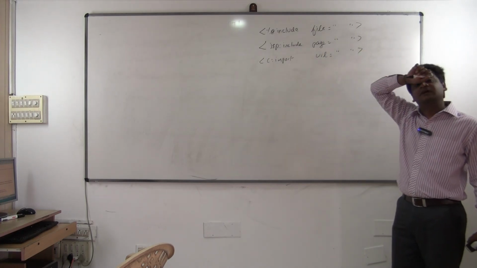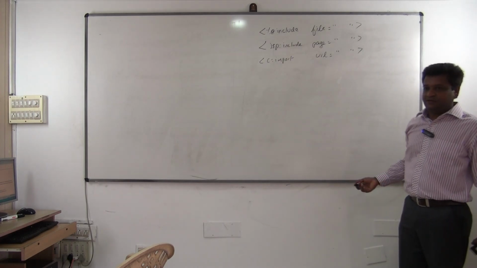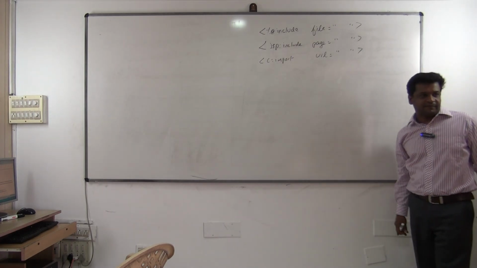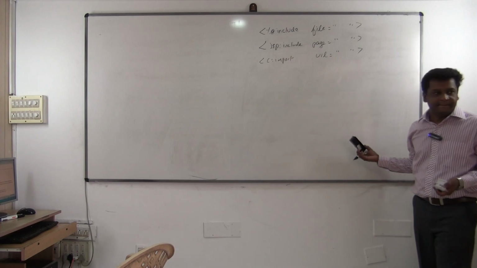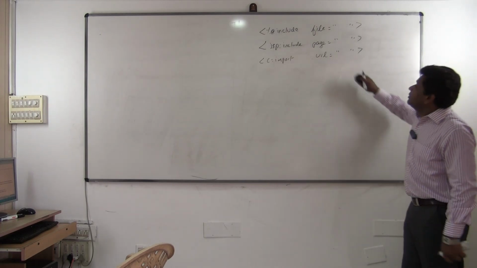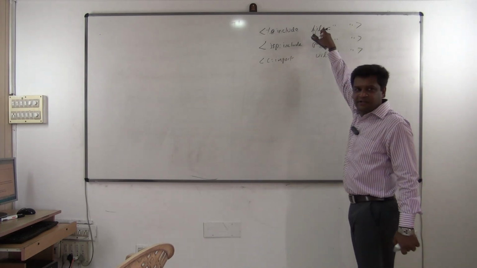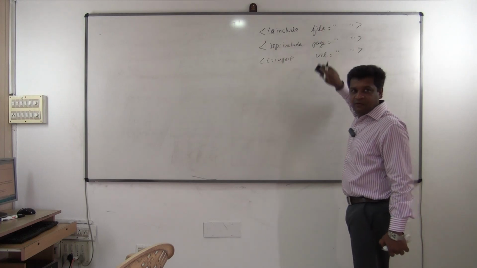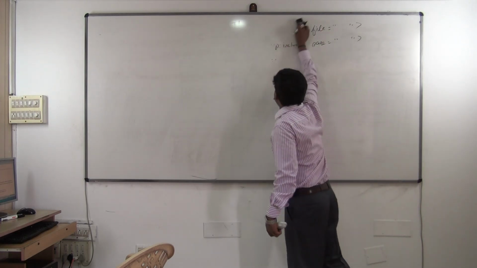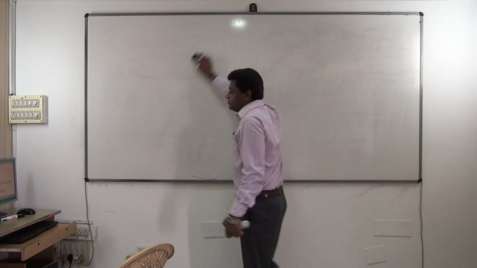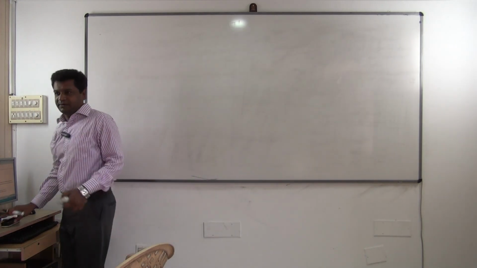The attributes are so clear. Okay, so that's how you can use it. Done? Remember these three. So clear names are given: file, page, and URL. Means that's an easy way to remember.